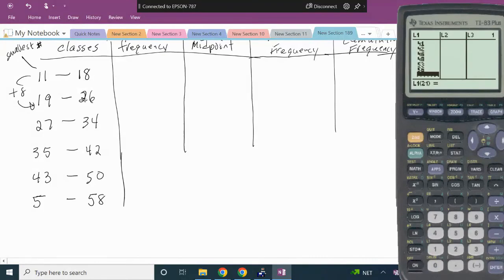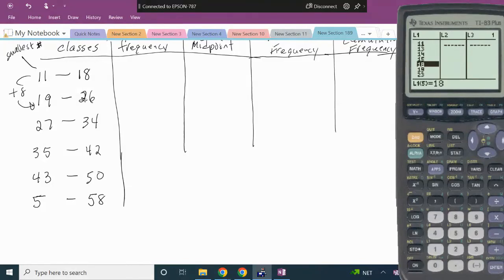So now we have to find the frequencies. The frequencies, remember, are nothing more than counts. So I'm going to look back at my calculator, and I want to find the number of counts between 11 and 18. So we have 11, which is 1, 2, 3, 4, 5, right? So there are 5 numbers between 11 and 18, including 11.